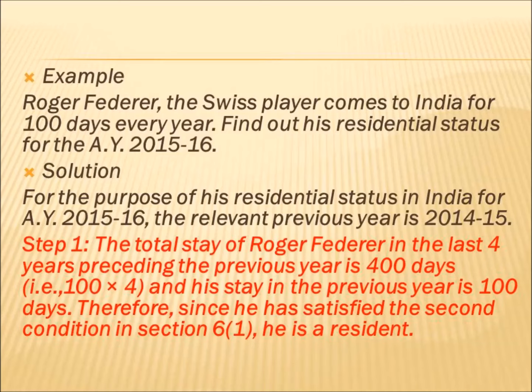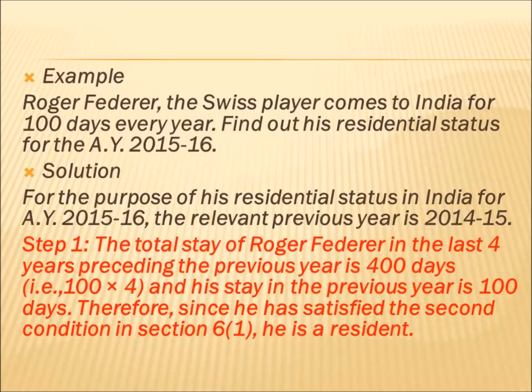Since he is coming to India for 100 days every year, in the immediately preceding 4 years he would have been in India for a period of 400 days, that is 100 into 4, 400 days. So the condition of 365 days is satisfied. He has been in India for a period of 365 days or more in the immediately preceding 4 years of the previous year.